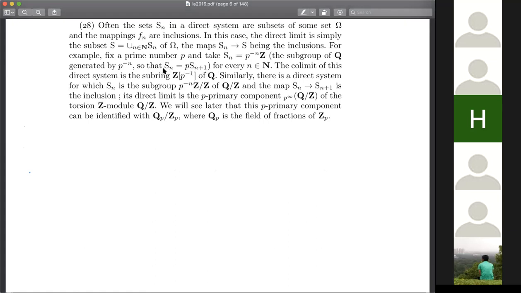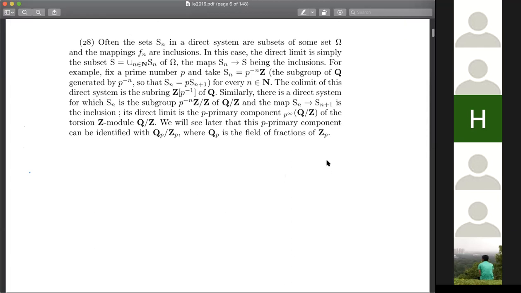So in particular, Sn is contained inside Sn plus 1 for every n, right? Now, the colimit of this direct system is actually a subring. It's the subring of Q obtained by adjoining p inverse to Z. It's basically the union of all these subgroups of Q.